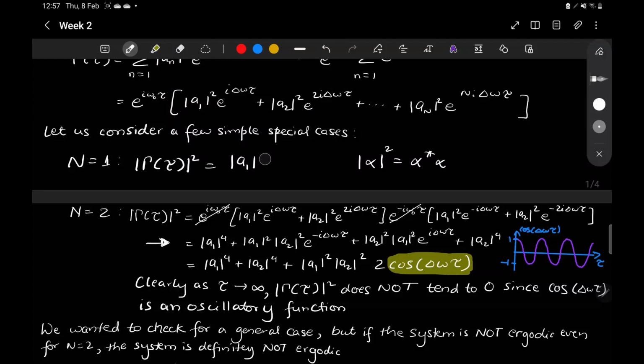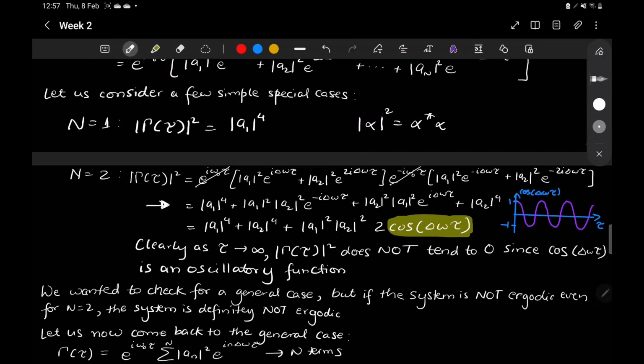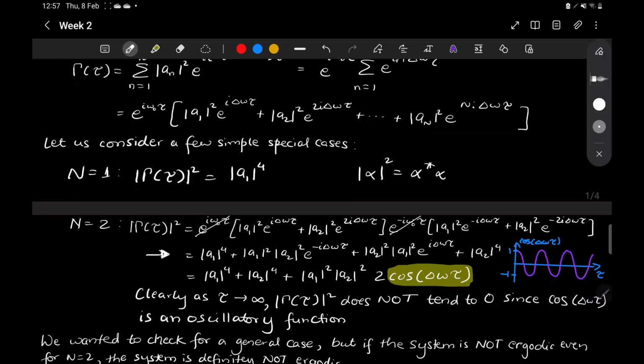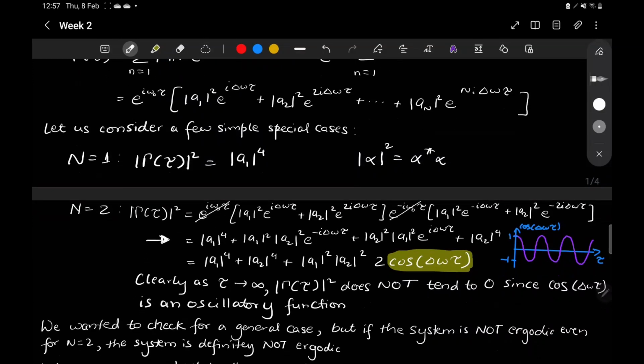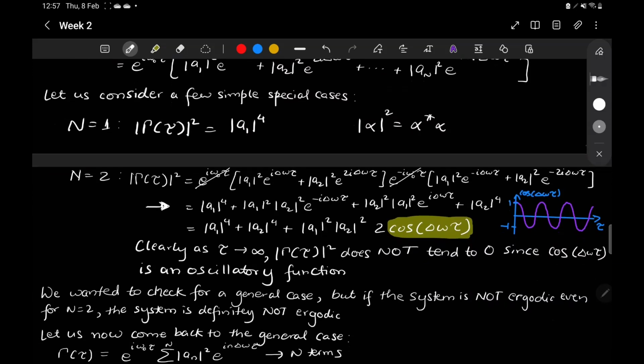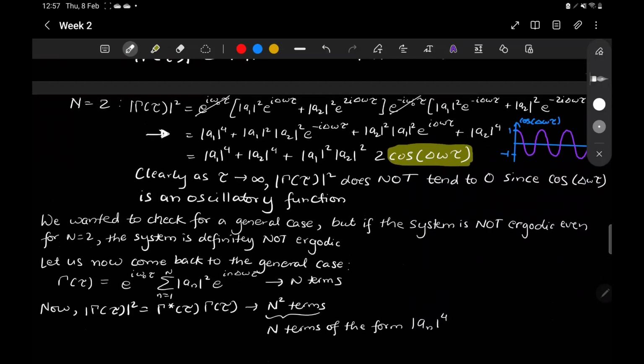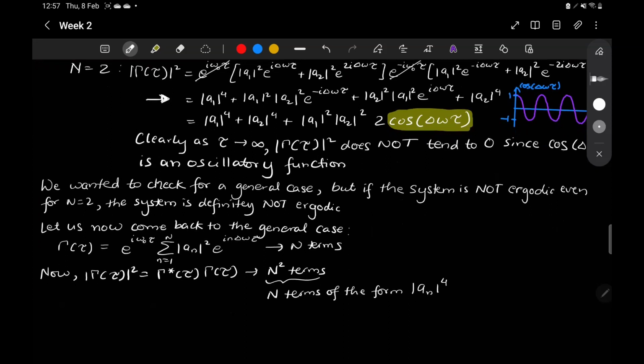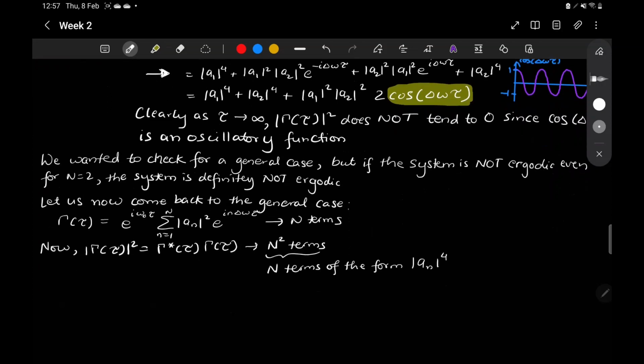My mistake. Let me recorrect myself, because it is gamma star gamma. So as a result, a1 to the power 4. And for n equal to 2, you can see you have two such terms, a1 to the power 4, a2 to the power 4. So n terms will be of the form mod an to the power 4.